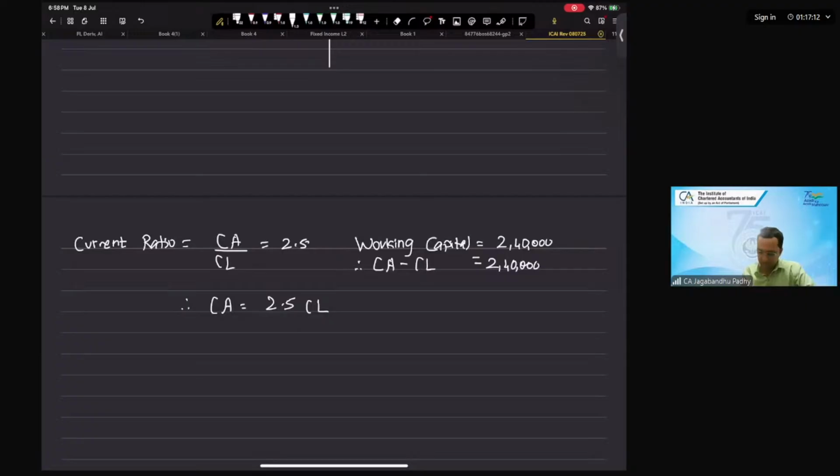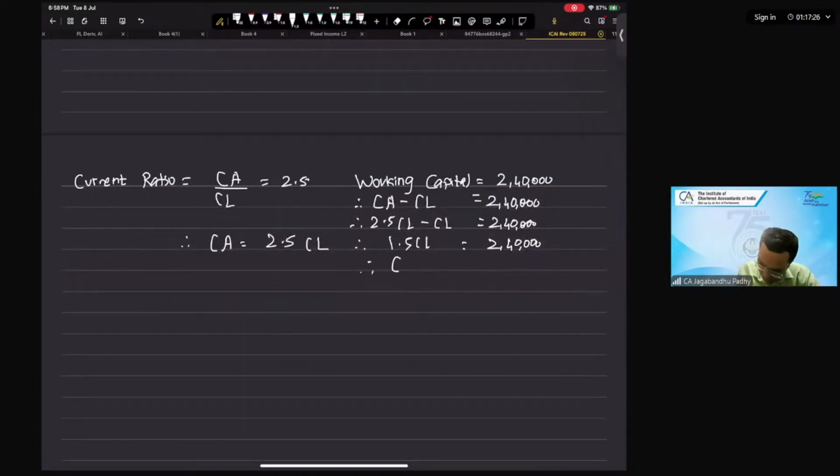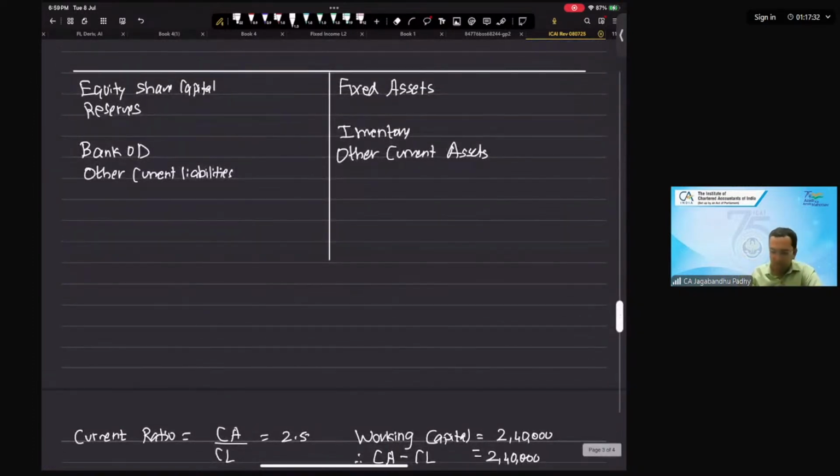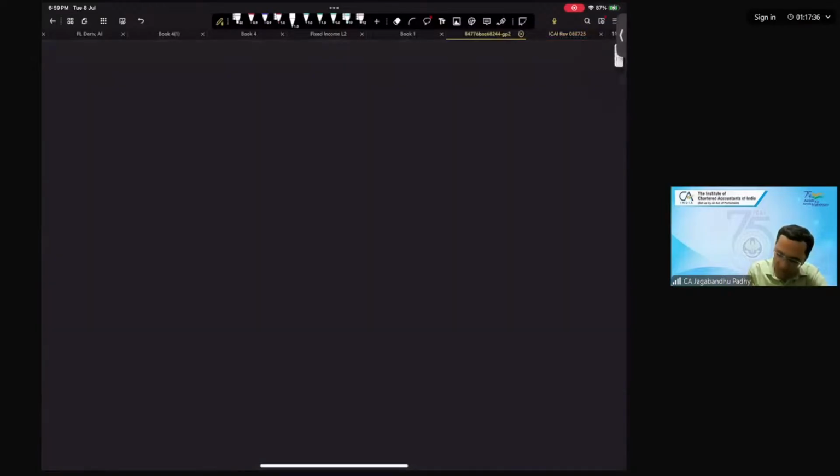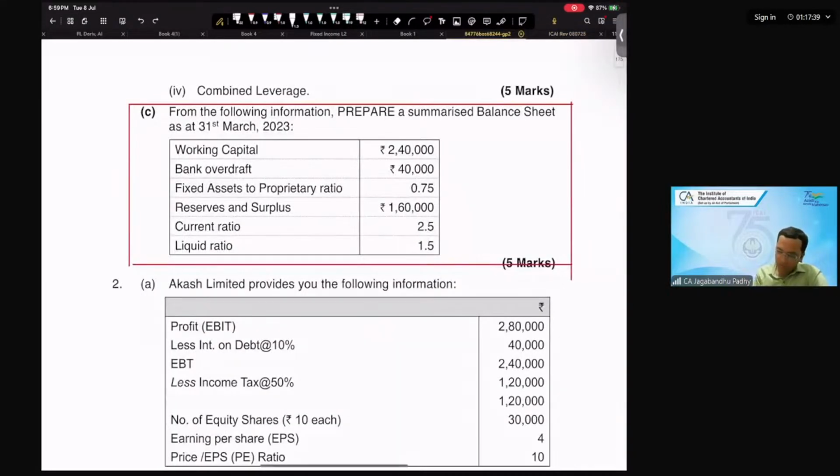Now the current asset is going to be 2.5 current liability minus current liability is 2,40,000, and therefore 1.5 times of current liability is 2,40,000. So we can definitely say current liability is 1,60,000.